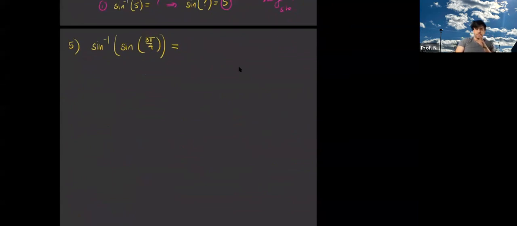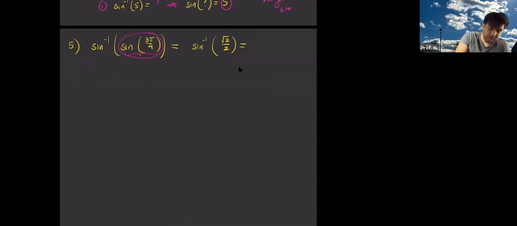Be careful. So what I would do is take this step by step. This would be sine inverse of what? What is sine of 3 pi over 4? Just worry about this first. I'm in quadrant 2. Sine of 3 pi over 4 in quadrant 2 is rad 2 over 2, positive. And now look at this. What's sine inverse of rad 2 over 2?